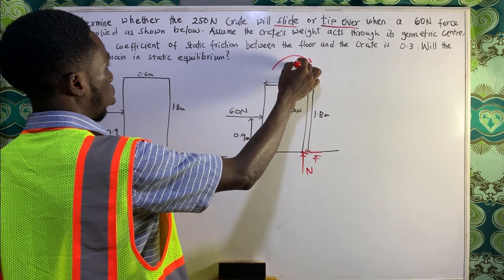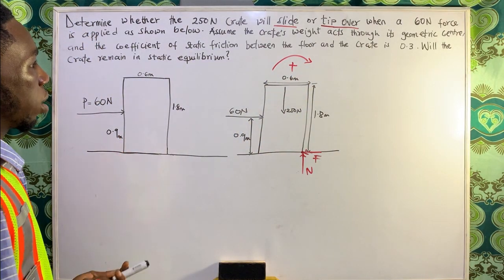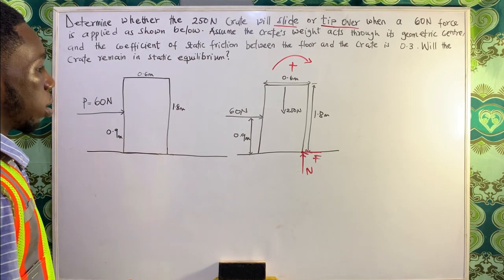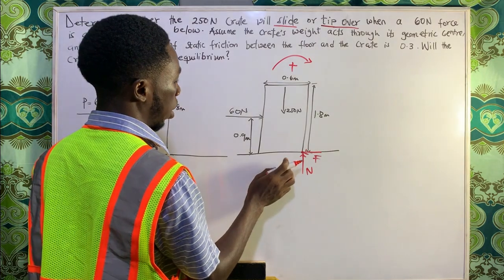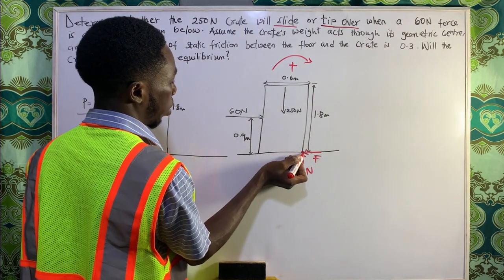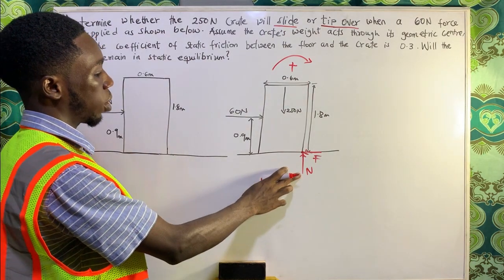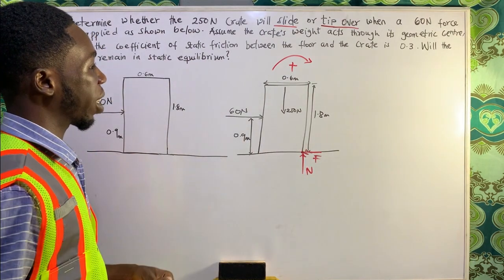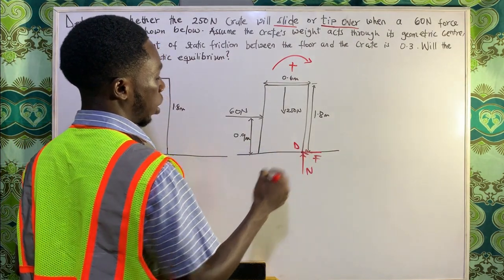Let's consider it to be positive. So the normal reaction force and the friction force will be concentrated at just this point here, which is the point of rotation D.